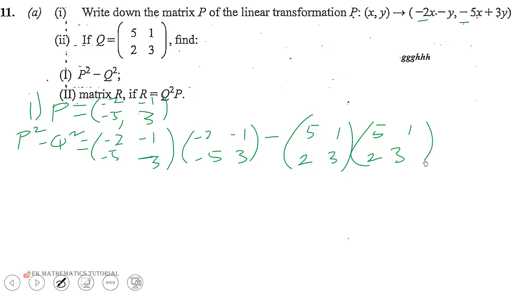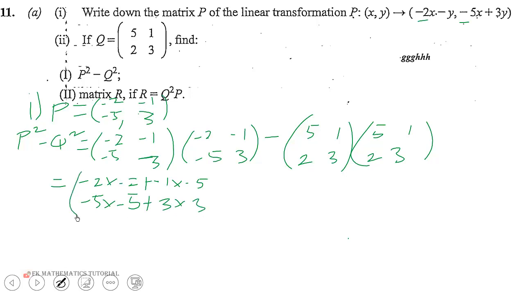So let's multiply. So row by columns. So the first row, -2 times -2 plus -1 times -5. Then we have -5 times -5 plus 3 times 3.